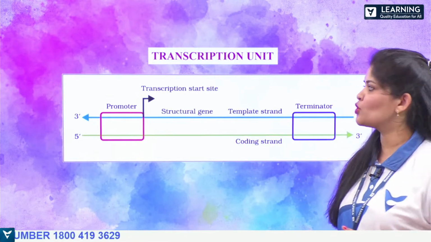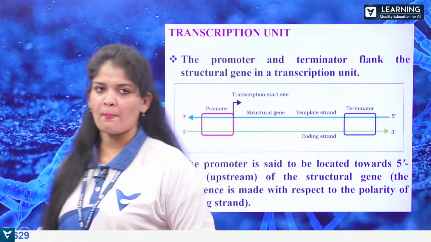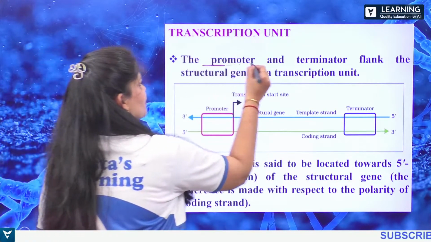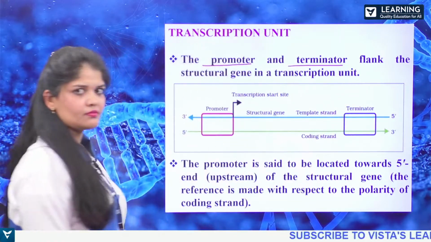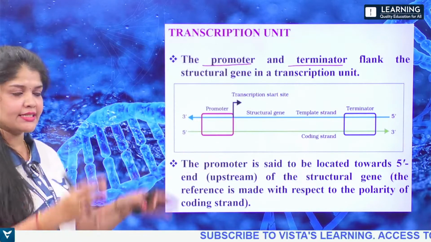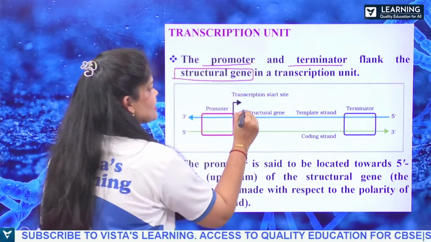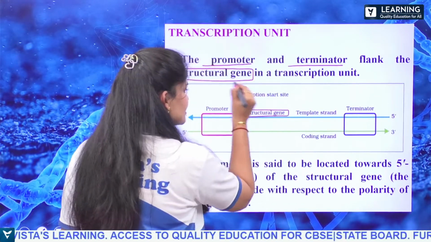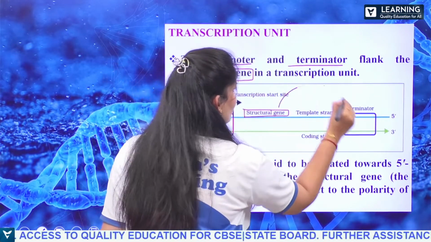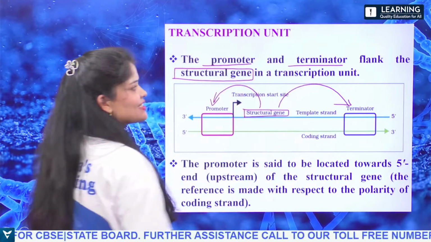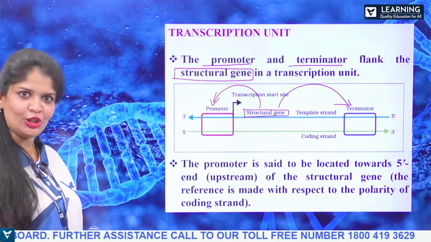Okay, let's move ahead. So here we have the promoter and the terminator present on either side of the structural gene. On either side of the structural gene, we have the promoter on one side and the terminator on the other side in the transcription unit.